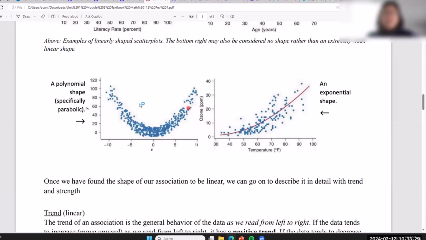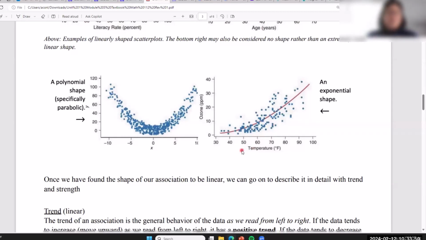Okay, it's not linear because lines don't turn around. This one, if you see I fit a curve to it, has an exponential shape, even though it could look linear, but it's curving upward more. So again, all you need to know is it's not linear.